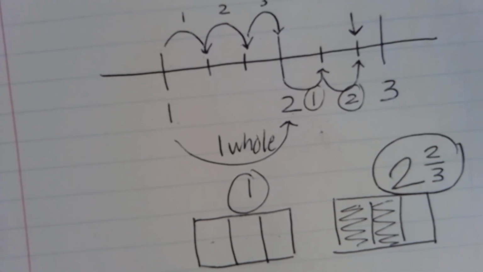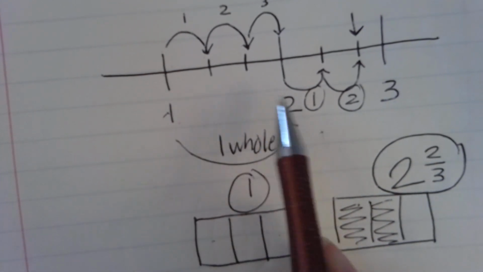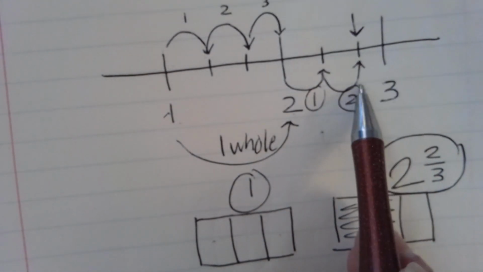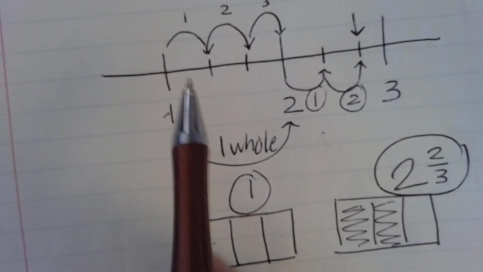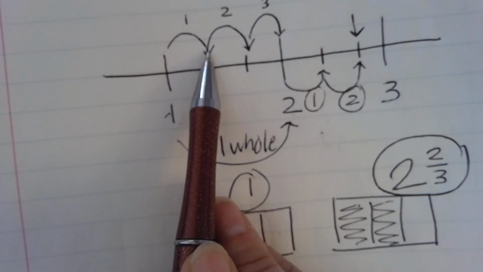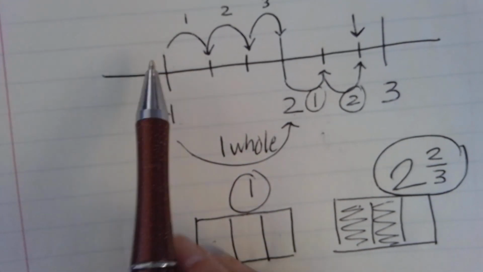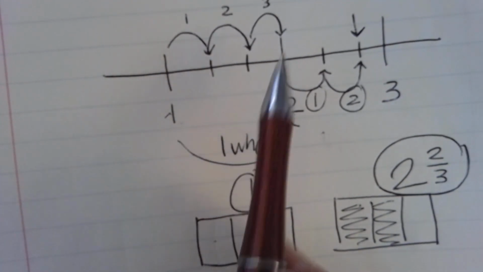What you'll have to do, guys, if you have any kind of number line, step 1, figure out where the whole numbers are: 1 to 2, 2 to 3. After that, step 2 will be counting how many steps, and you need to think of them like bunny hops like you did back in first grade, okay? You don't start here and say 1, 2, because then you get here.